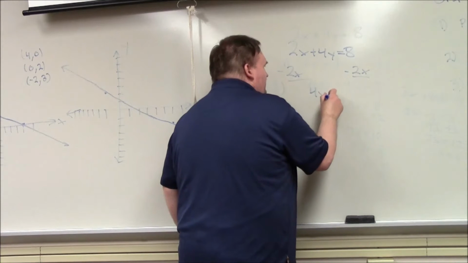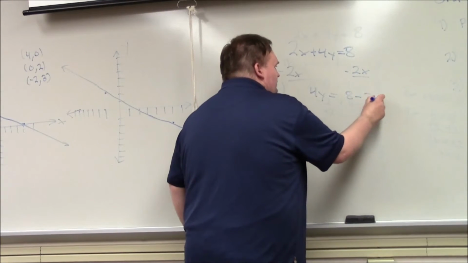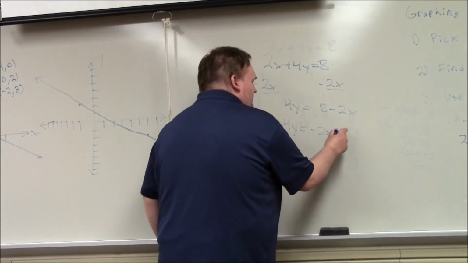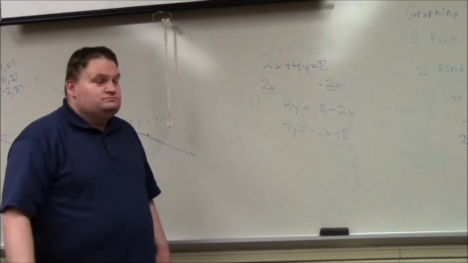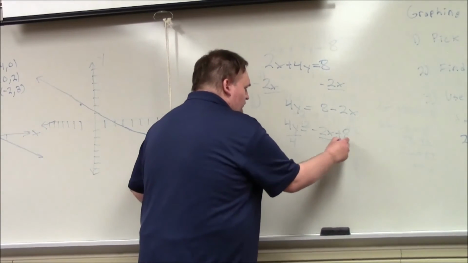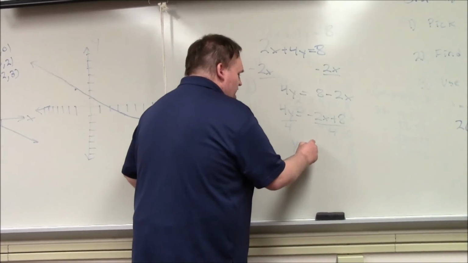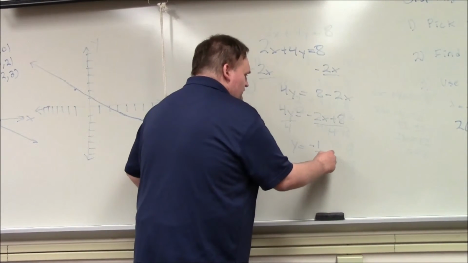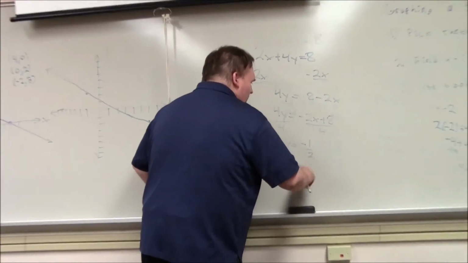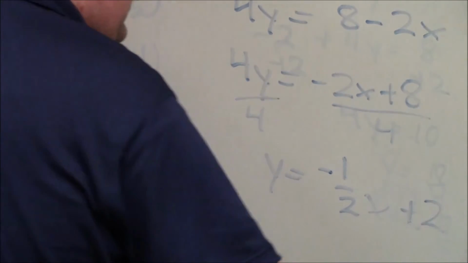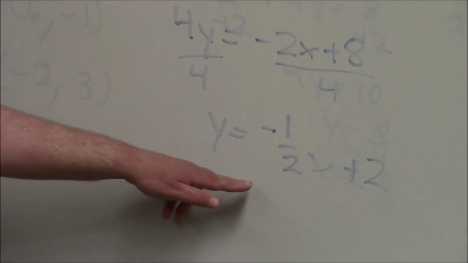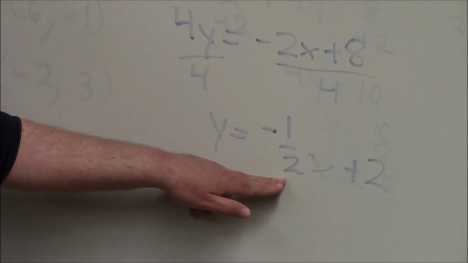And then I have 4y equals 8 minus 2x. Or I can rewrite it as 4y equals negative 2x plus 8. Then we divide by 4 on both sides. And then we have y equals negative 1/2 x plus 2. And the number right before the x value is our slope.